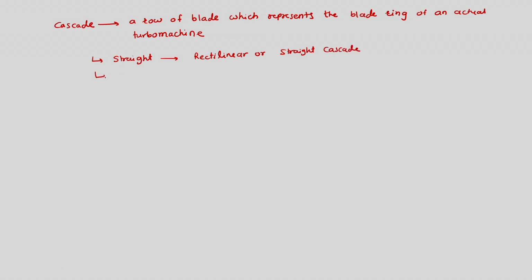If blades are arranged in an annular manner, then it is called an annular cascade. In case of an annular cascade, it can be inward flow or outward flow depending upon the direction of the flow.